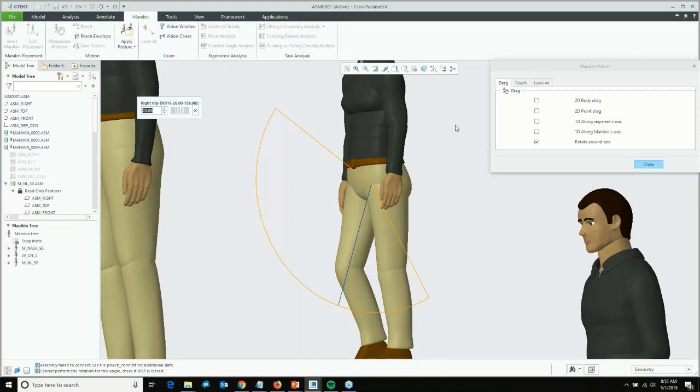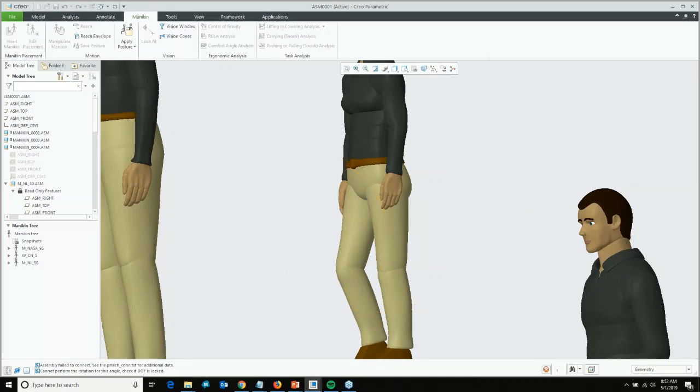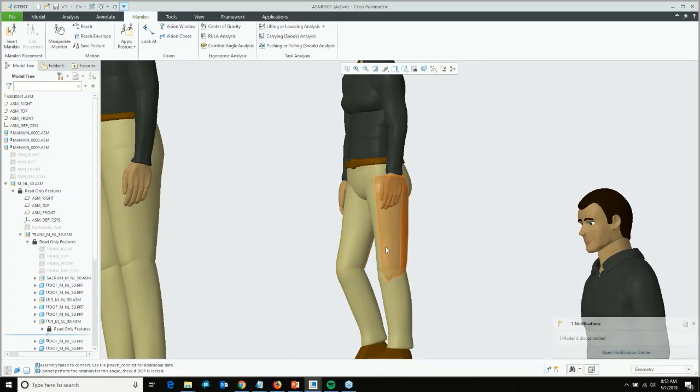And really, I show this example to communicate the fact that the way the mannequins move is as realistic as possible.